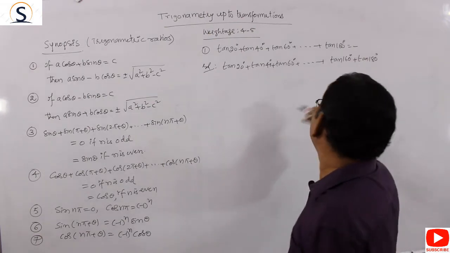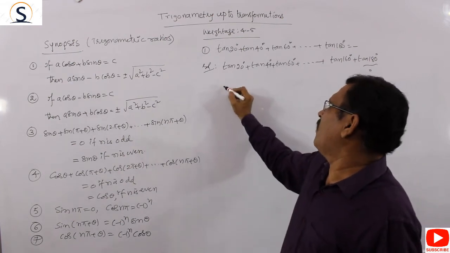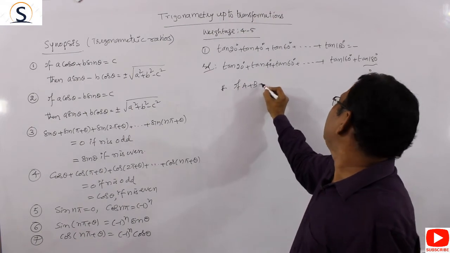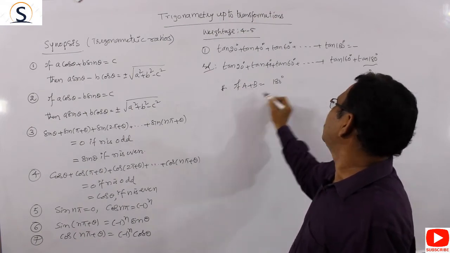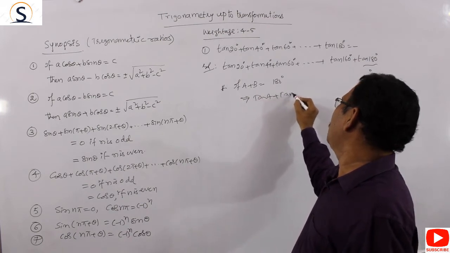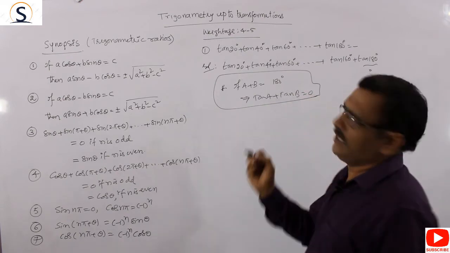Okay. Now here, this is 0 only. Now there is a small formula here. If A plus B is equal to 180 degrees, then tan A plus tan B value is 0. This is also a formula in this.